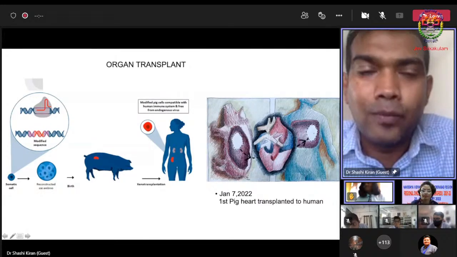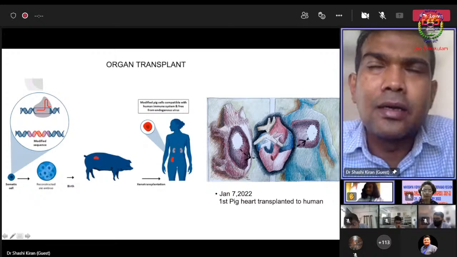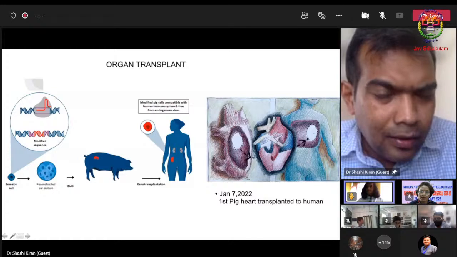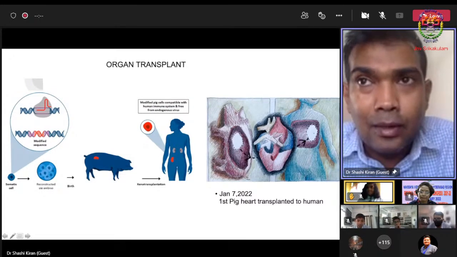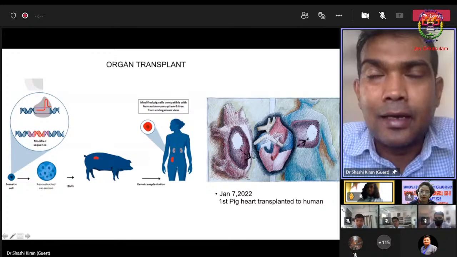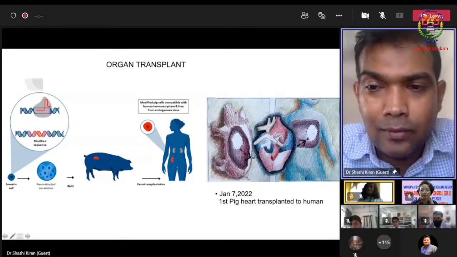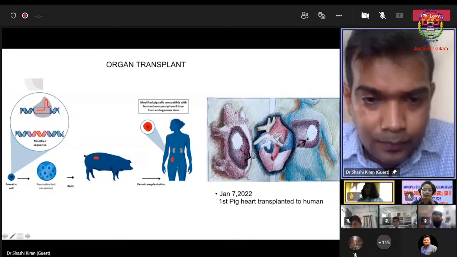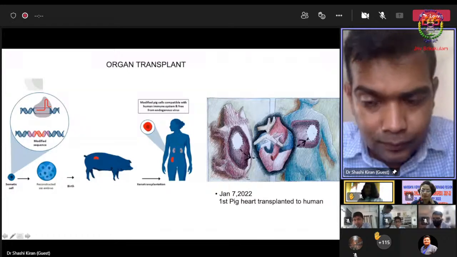Till now, that has not been achieved, to take the cells from the patient and grow them into a full organ in a short span of time. Because when organ failure happens, we don't have a lot of time to grow that organ. So that's an option, but hopefully someday we will have that option too.